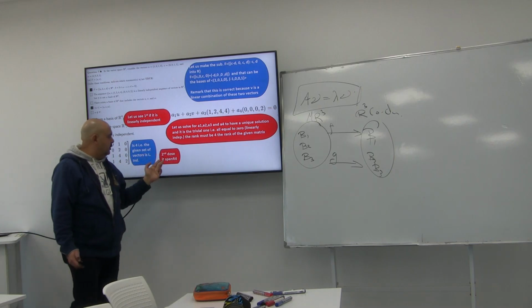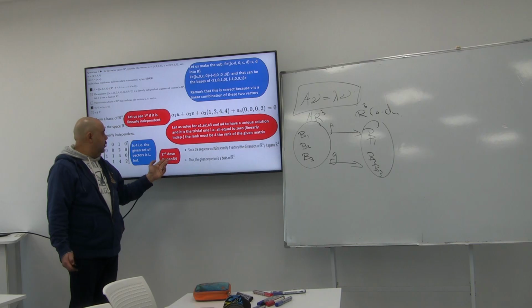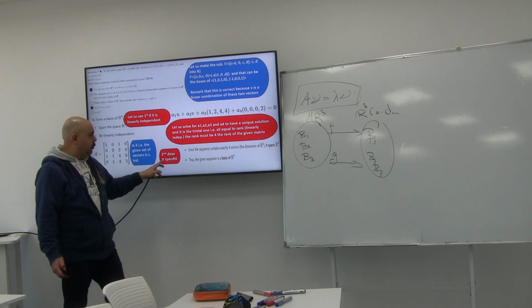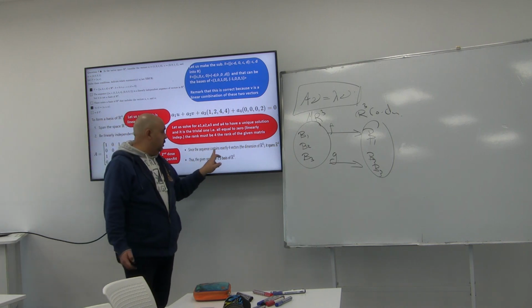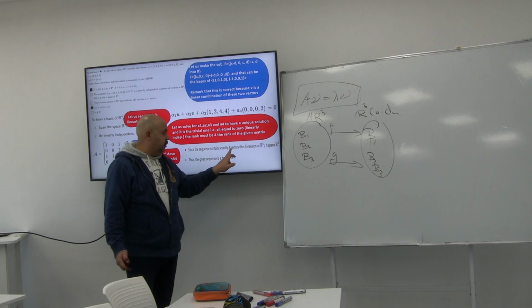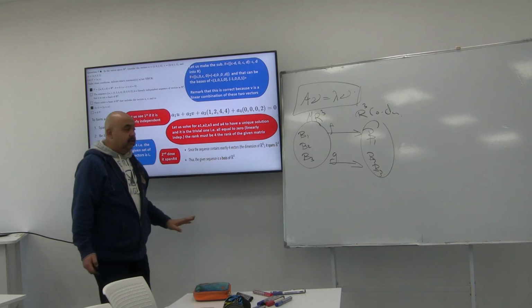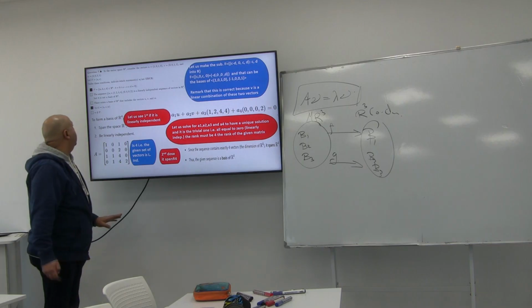Second, does it span R4? So if this is first linearly independent, okay, does it span R4? Since it contains exactly 4 vectors and they are linearly independent, it can actually be a basis for R4.